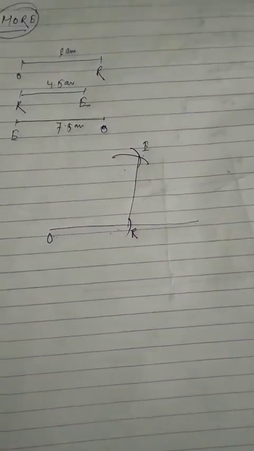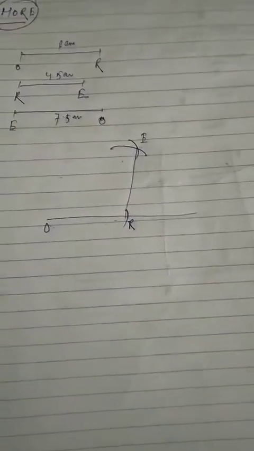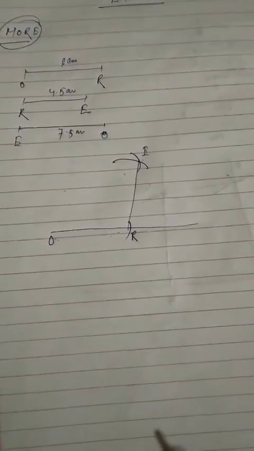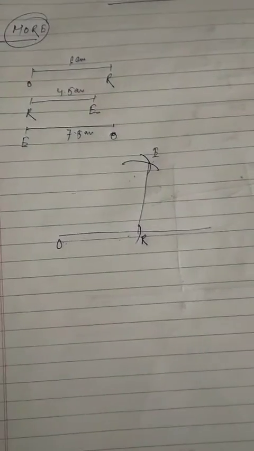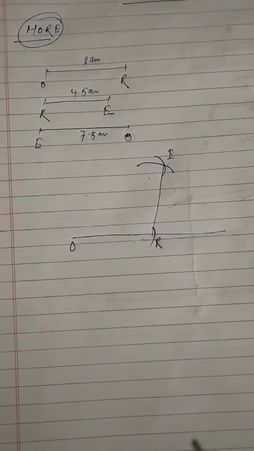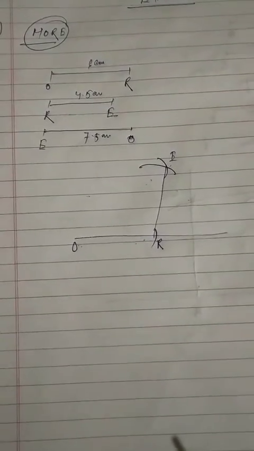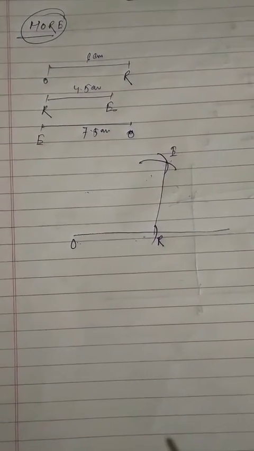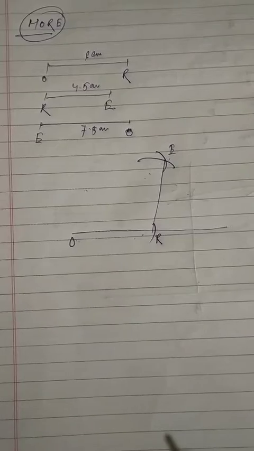Now I have to locate M. Children, there is no measure or line segment given for M. Nothing is given to us. But we will be following the properties of a parallelogram. We know that the opposite sides of a parallelogram are always parallel.